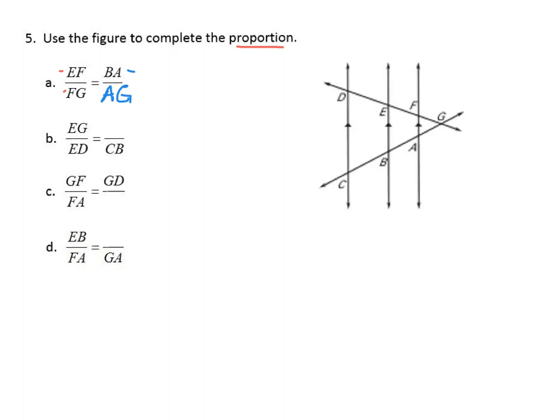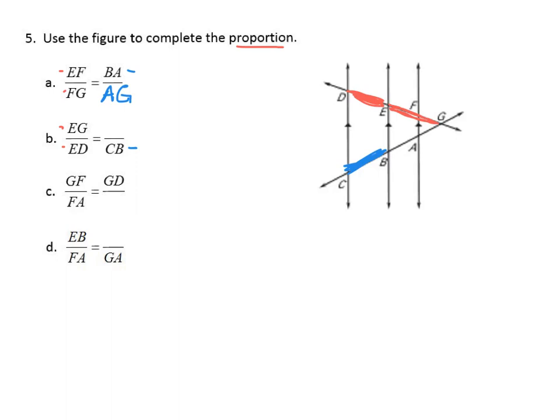Next example, start off the same way. Highlight the 2 in the first ratio. So they're telling me it's a ratio of EG, so it's a little bit longer. So EG matches up to ED. And then my proportion continues. Across from ED is CB.